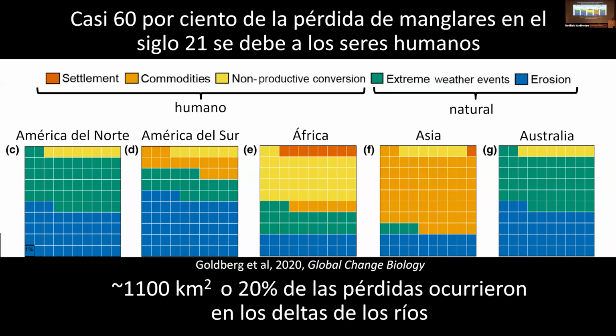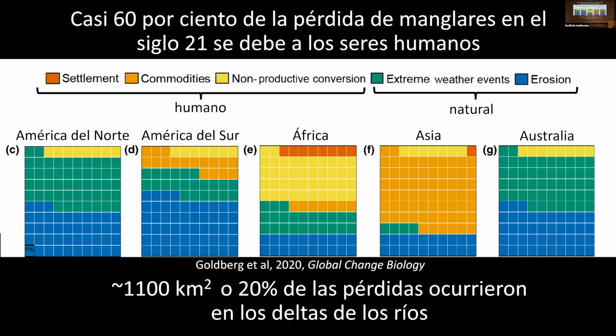So when we scale this up, 60% of the loss in mangroves around the world since the 21st century has been caused by humans. Almost that direct impact is happening a lot in Southeast Asia, and I'll highlight some of that in a little bit. But most of that's coming from the conversion to shrimp, rice, as well as oil palm.